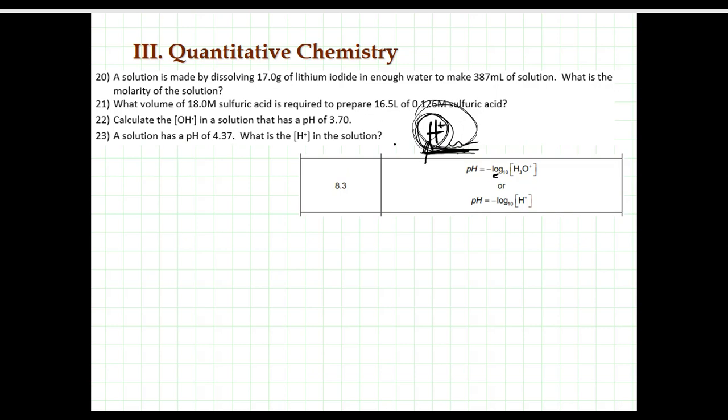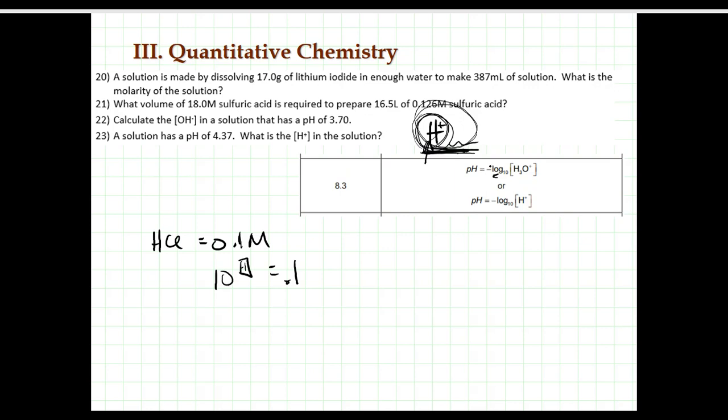So for pH, what we're going to do is take that concentration of the acid. So let's say that we had some hydrochloric acid and it had a concentration of 0.1 molar. To find the pH, I just want to know 10 to what power is equal to that concentration. 10 to what power is equal to 0.1? Well, 10 to the minus 1 power is equal to 0.1.